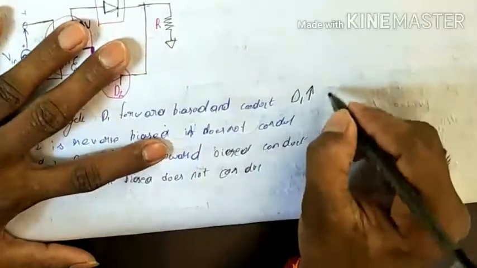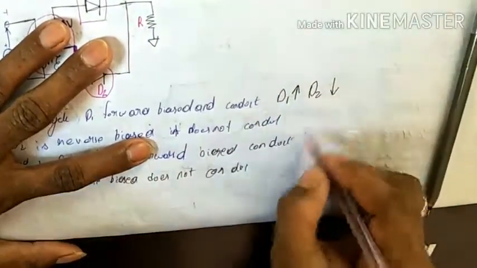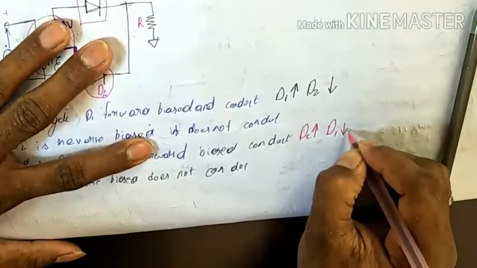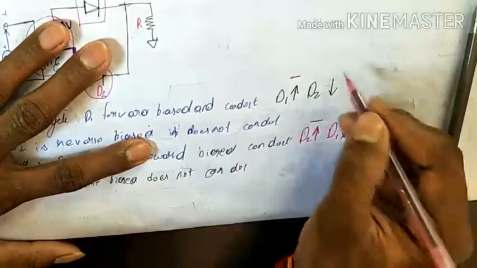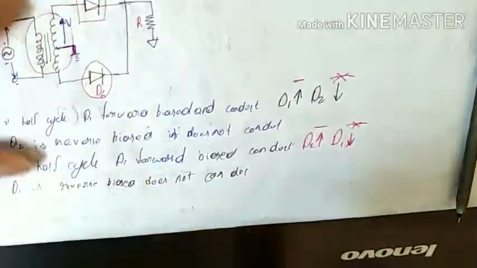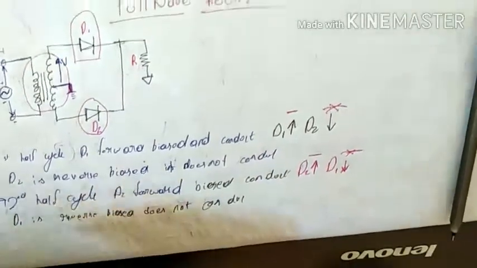In the first half cycle D1 is forward biased and D2 is reverse biased. In the second half cycle D2 is forward biased and D1 is reverse biased. Now we get the output voltage waveforms.